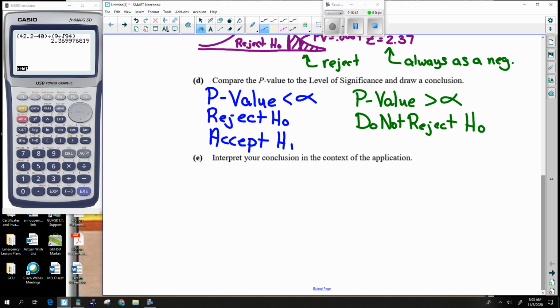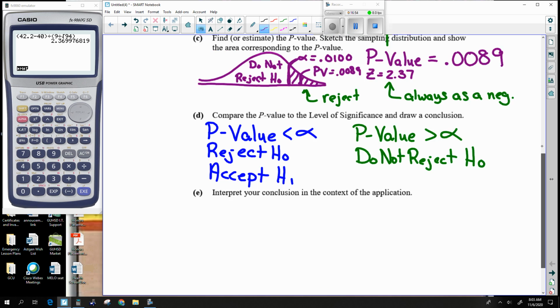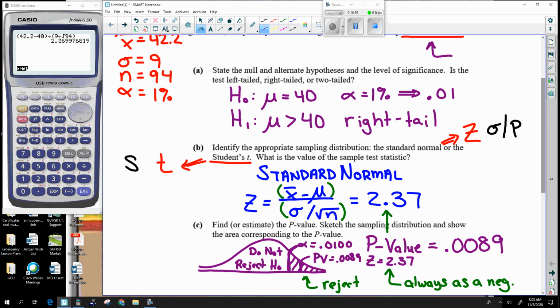Interpret your conclusion in the context of the application. All right, so when I reject H naught and accept H1, that's exactly what I'm going to say. However, H naught, go back to what you wrote for H naught and just interpret your symbols.